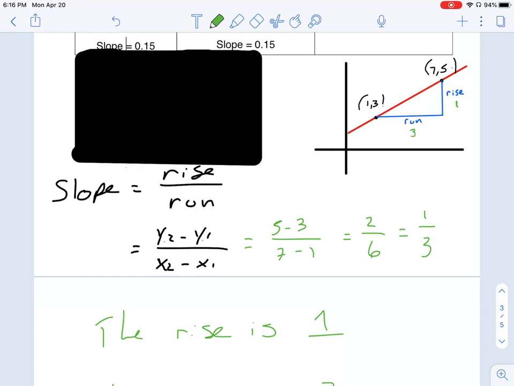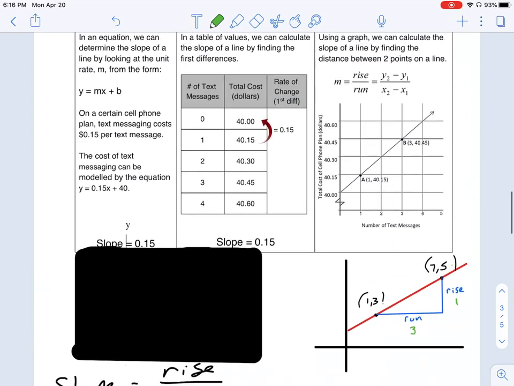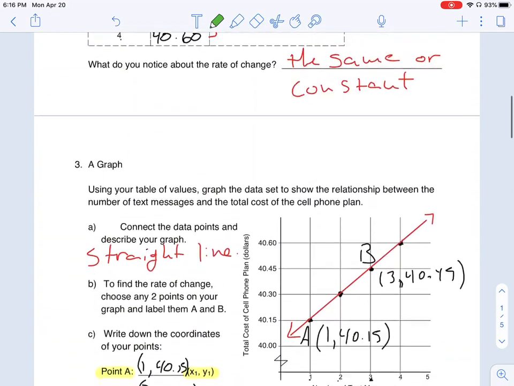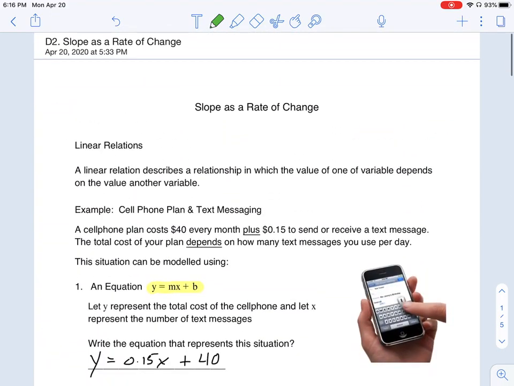Now, if we were to look at this literally, it would probably make more sense that we could see 2 over 6, right? We can see that it went up 2 and went over 6, but we reduced it to 1 over 3. So that is how we would be calculating the rate of change or slope as a rate of change using 3 different ways.